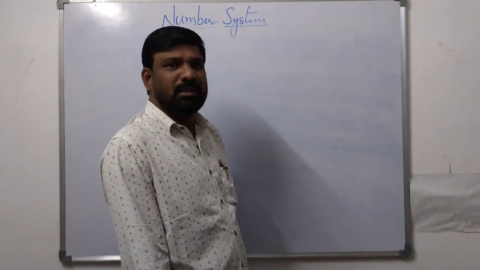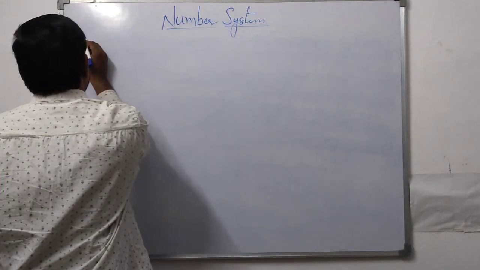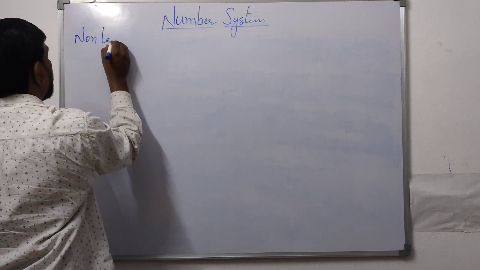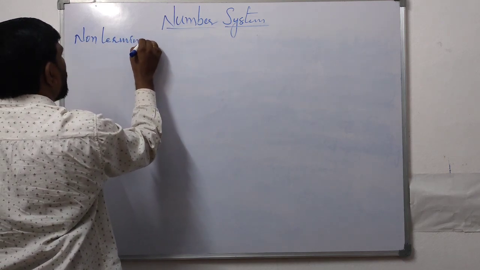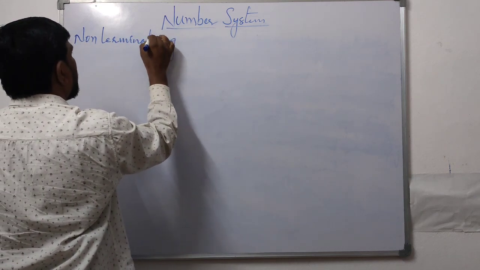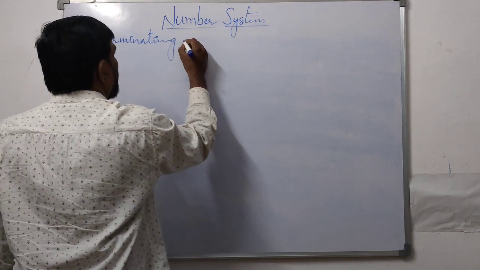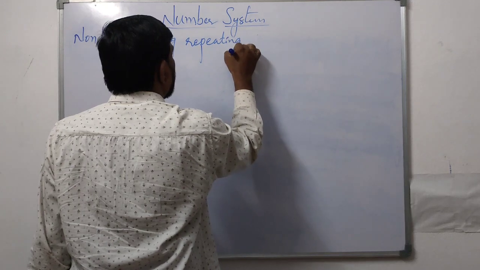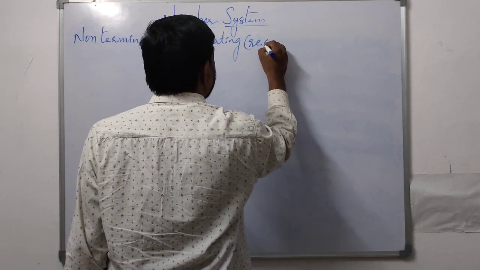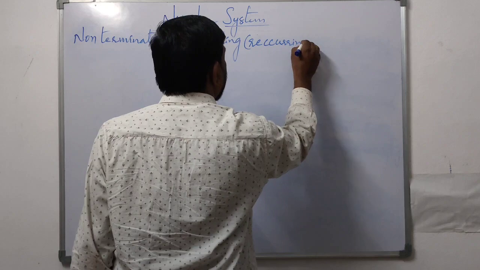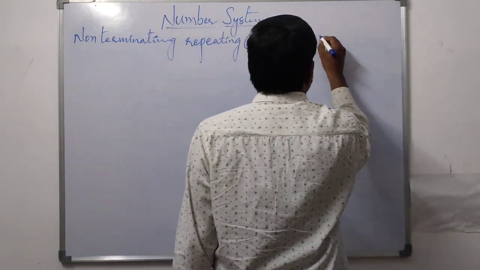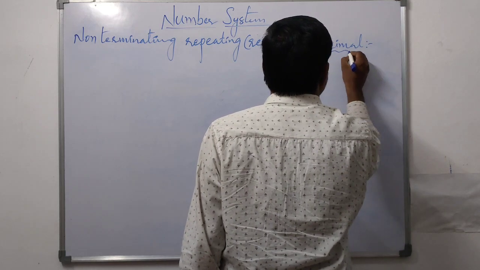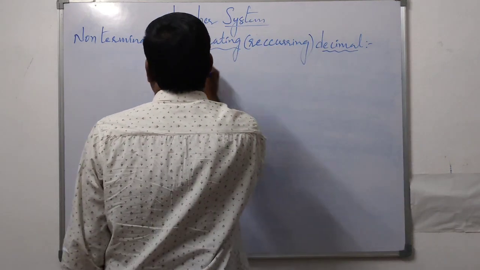Right. Next, after terminating decimal, non-terminating repeating decimal, repeating or recurring decimal. So let us see what is the definition for this.